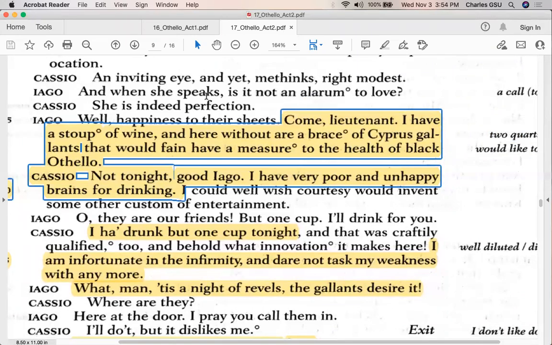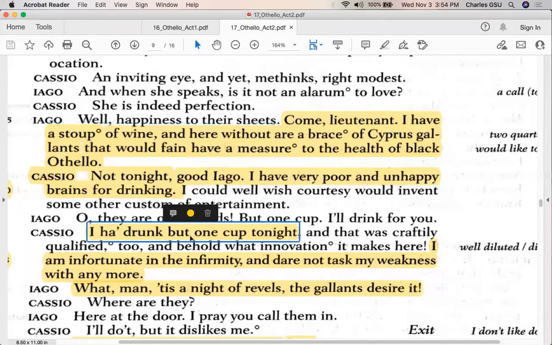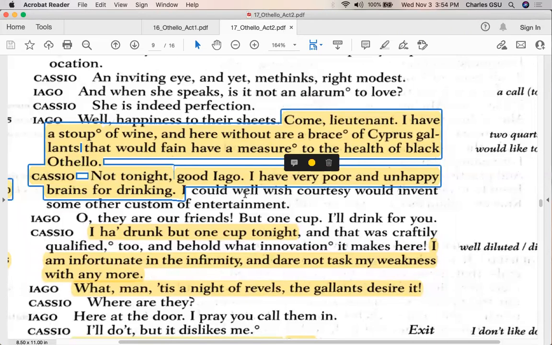And Cassio says 2 things. One, I've already had some, right? I've already been drinking tonight, but also I have very poor and unhappy brains for drinking. So I have had 1 cup already, but it's important to know that Cassio can't hold his liquor very well.